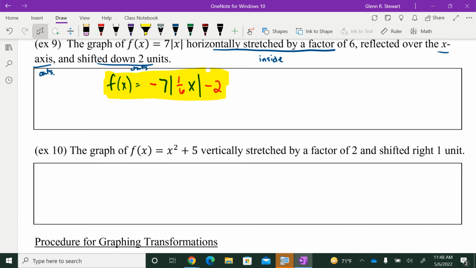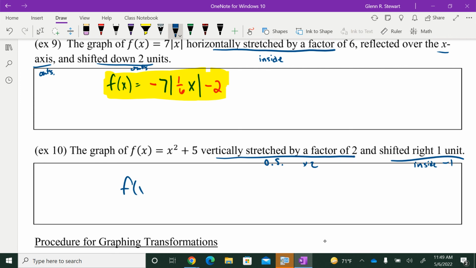All right, and then last but not least, example number 10 here, we start with x squared plus 5. It's vertical stretch by a factor of 2. So that's on the outside. That means that I'm multiplying by 2. And then a shift right one is on the inside, and that would be doing the negative 1.